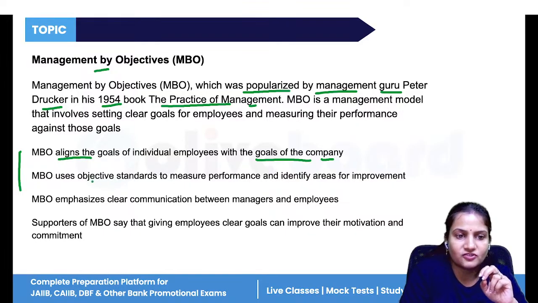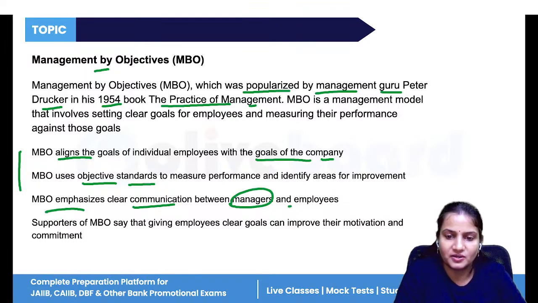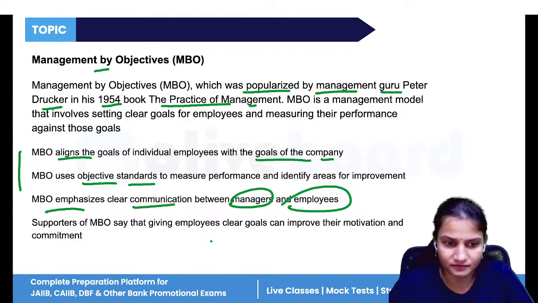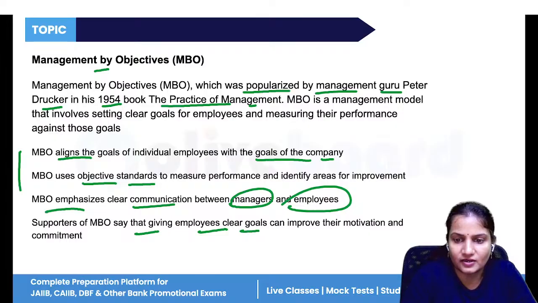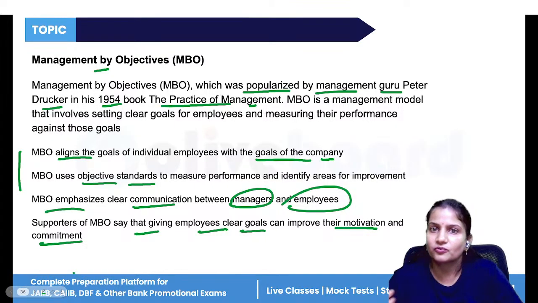MBO uses objective standards to measure performance and improvements. Proper communication should be there between managers and employees, and both should take the decisions for the company. Giving employees clear goals can improve their motivation and commitment, and it will boost their morale. That is what MBO is, management by objective.